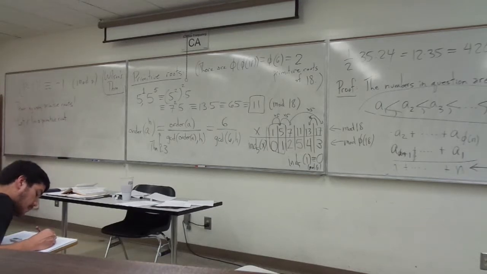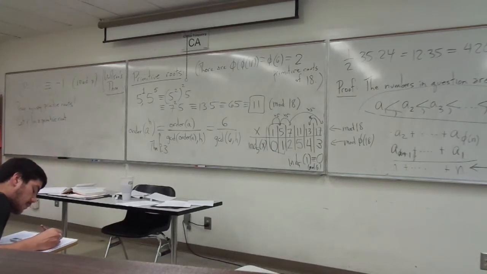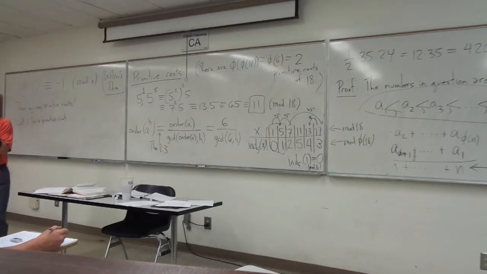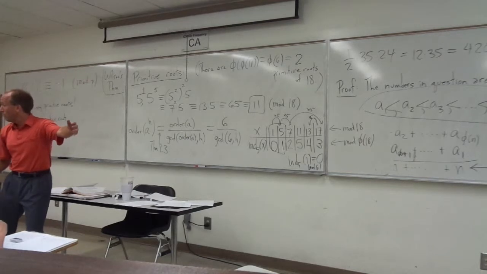Okay, now, we just said a couple minutes ago that if we start taking powers of that primitive root, what will we end up generating? All of the numbers that are relatively prime to P, which would be which numbers? 1, 2, 3, 4, 5, all the way up to P minus 1.